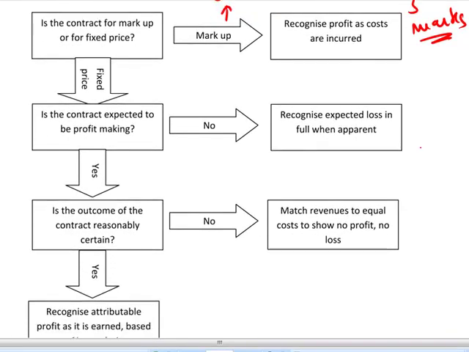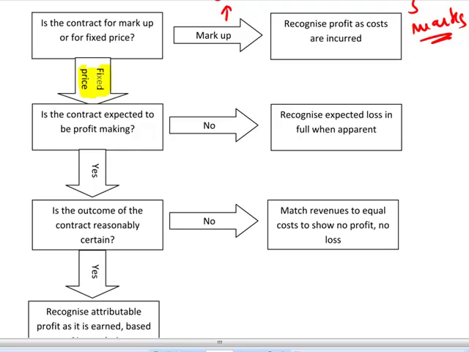When we have a fixed price contract, which basically says, well, let's say we actually contracted to build a ship, or to build an airplane, or to build a new terminal in an airport, something bigger, okay? Usually this is done for a fixed price.